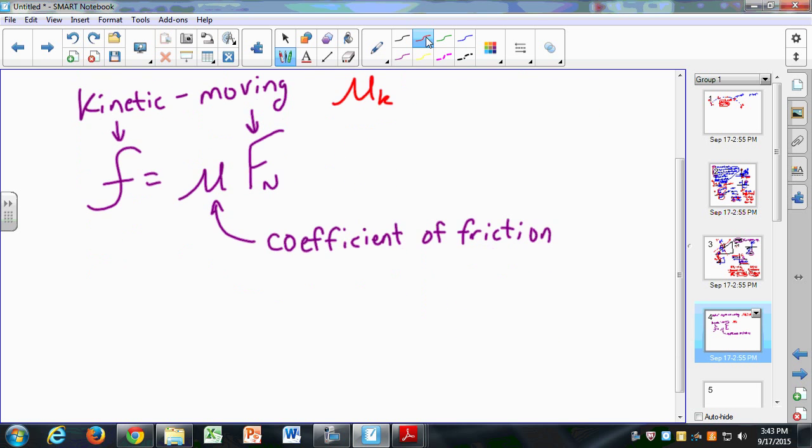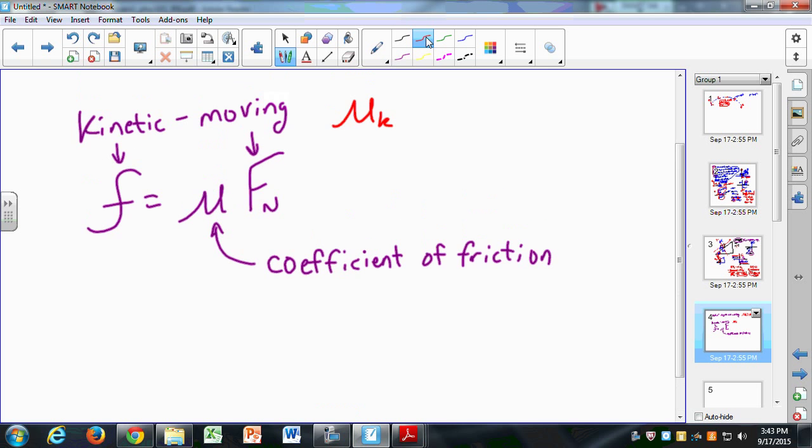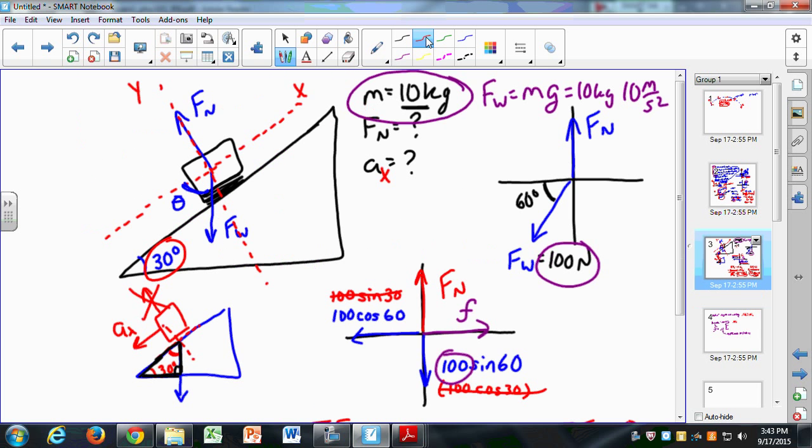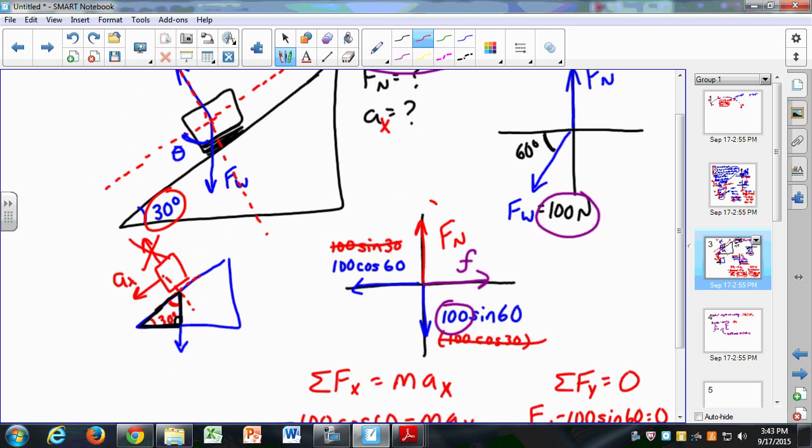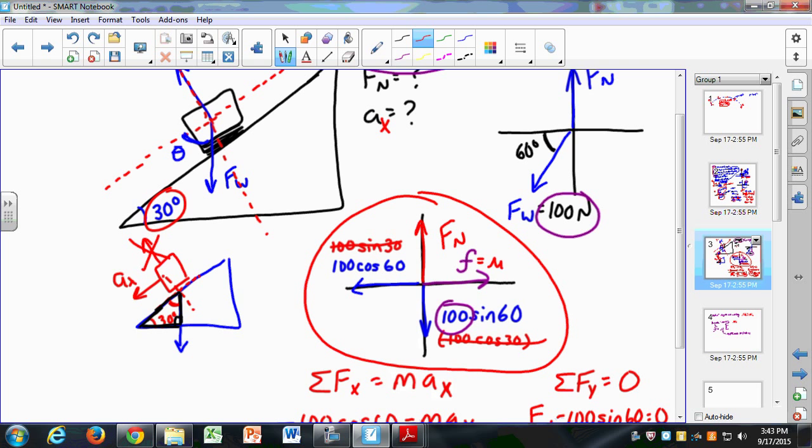So when we're talking about problems like this right here, if you have friction, it sort of throws a kink into it because the friction is equal to mu times the normal force.